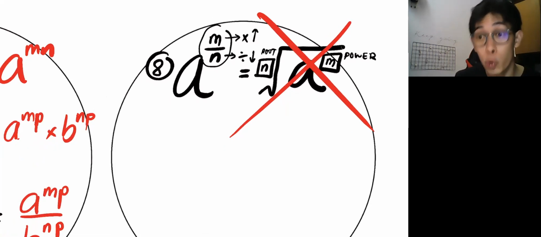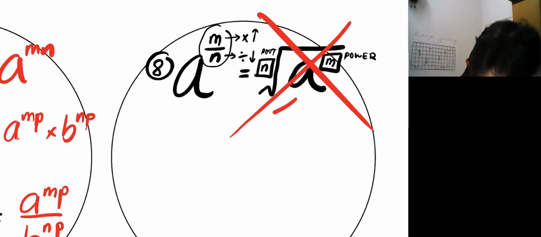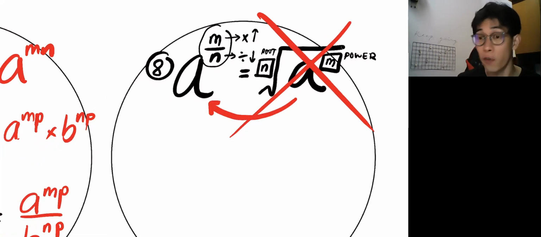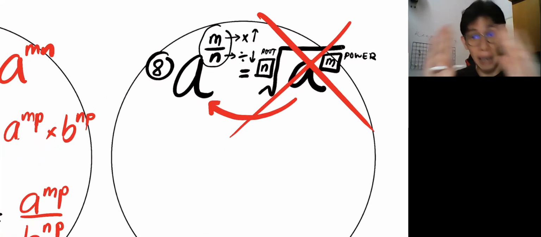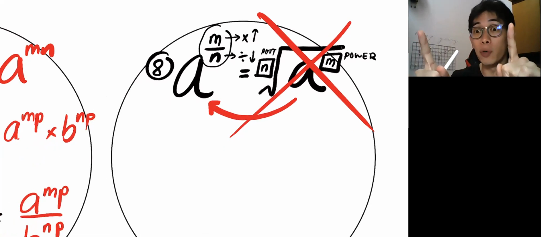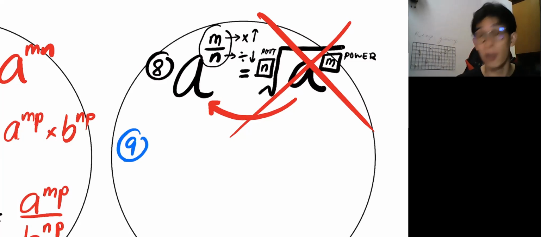Whenever you see root related indices, make sure you always change to fraction. And please tell yourself, when you see a fraction, be happy about it. I will prove to you now, there's a reason.